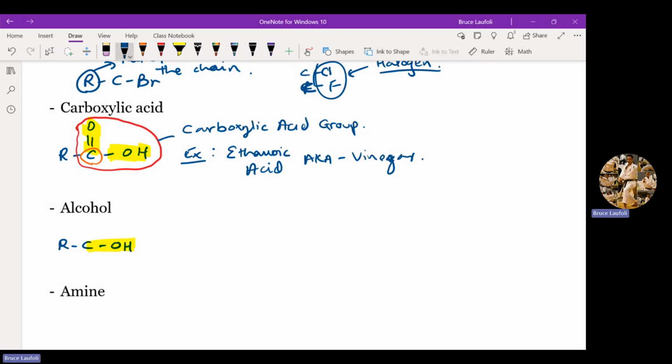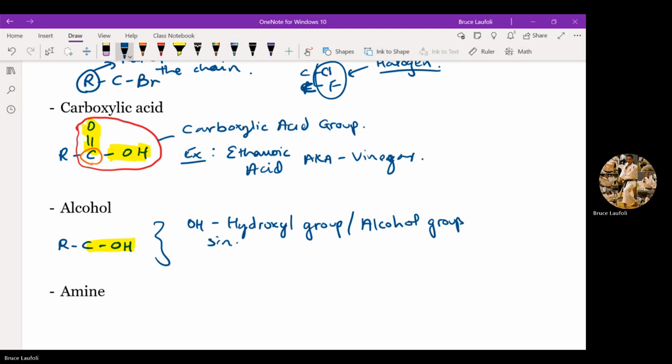And so this OH, we call this a hydroxyl group, or an alcohol group, singly bonded to a carbon.